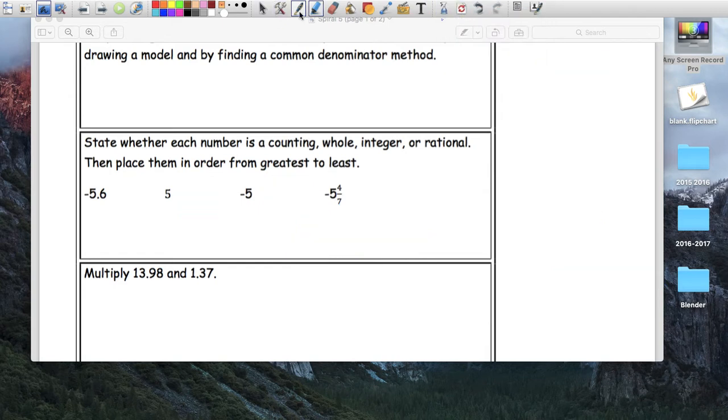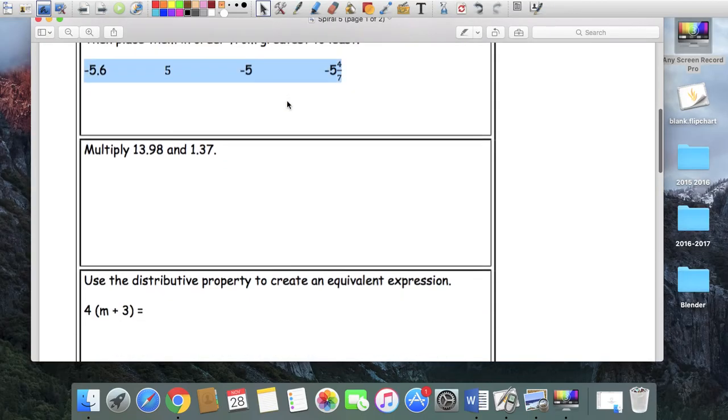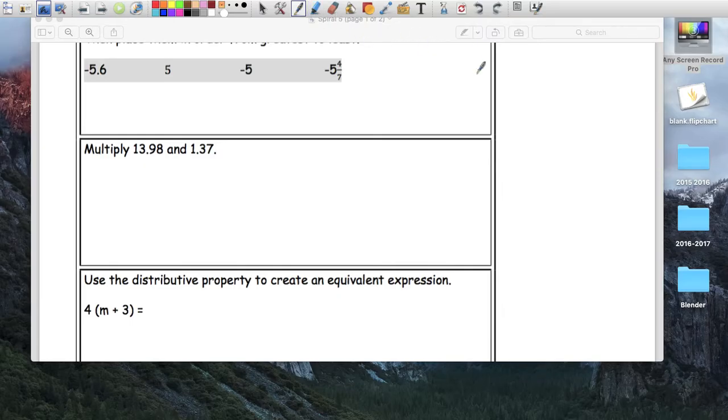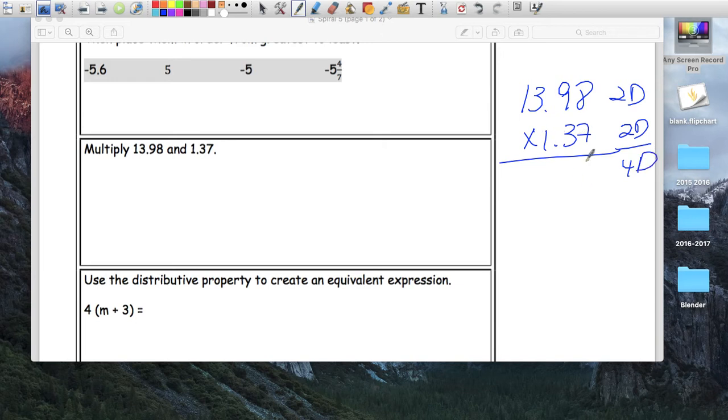Multiply 13.98 times 1.37, and I'll do this on the side here. 13.98 has 2 decimal places and 1.37 has 2, for a total of 4 decimal places. 7 times 8 is 56, carry 5. 7 times 9 is 63, 68, carry 6. 7 times 3 is 21, 27, 7 times 1 is 7, plus 2 is 9.